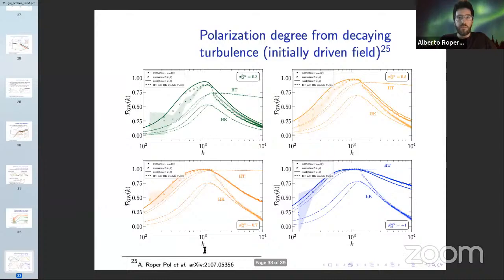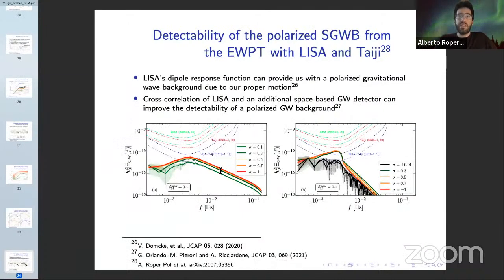also won't have much time for, but just to mention that we are studying if they could be detectable by LISA. It was proposed that LISA's dipole response function could allow to detect polarization.